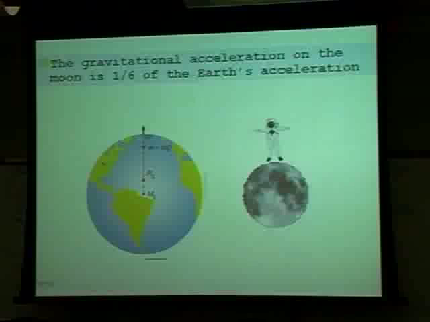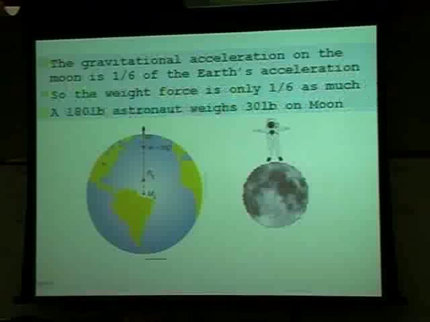The problem is the moon is so much less massive than the Earth. It's about 1/80th the mass of the Earth. So those two kinds of effects kind of mitigate each other, and you would find that your weight on the moon is only 1/6 your weight on the Earth. So if you weighed 180 pounds on the Earth, you would only weigh 30 pounds on the moon.